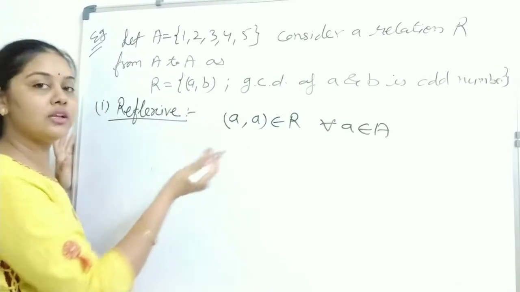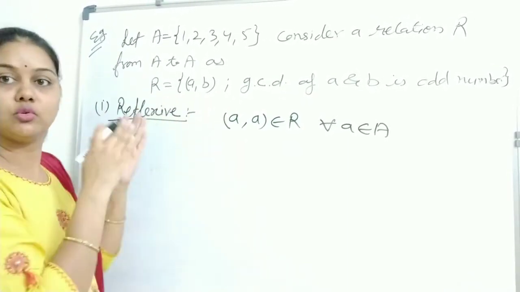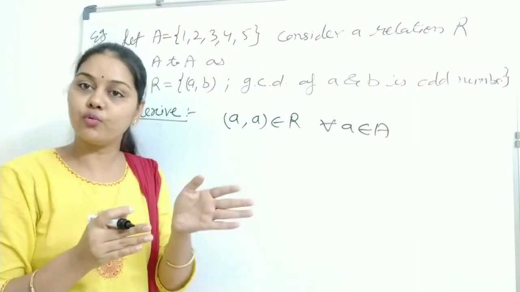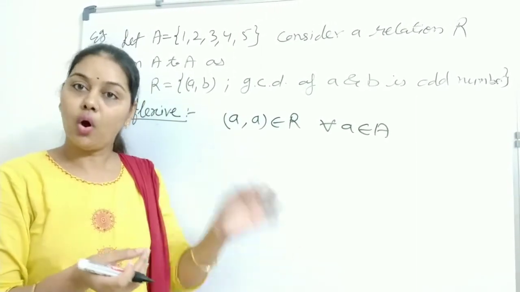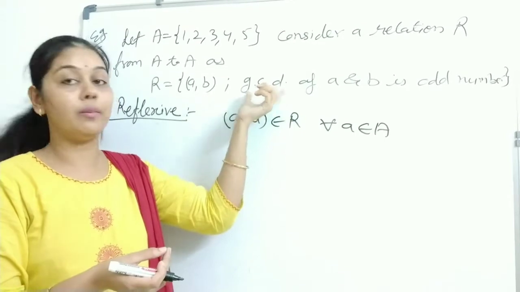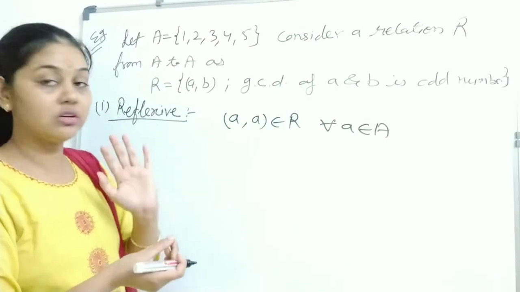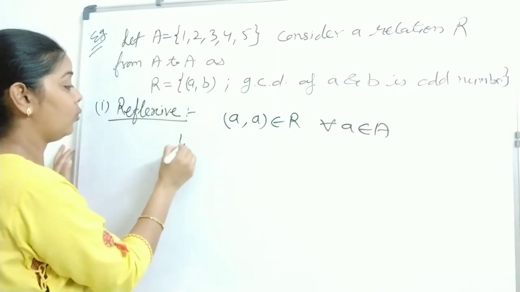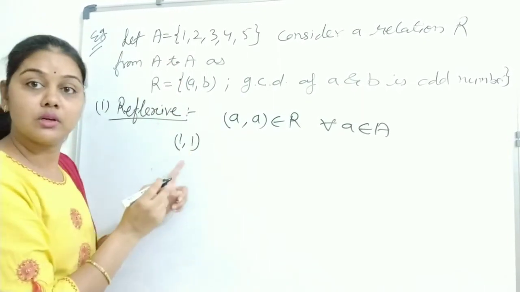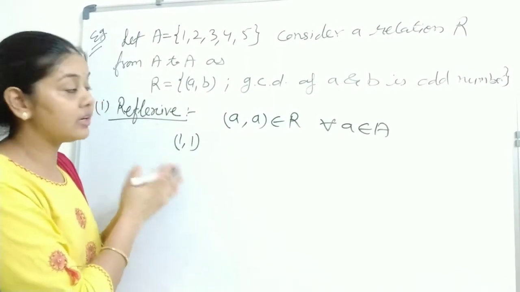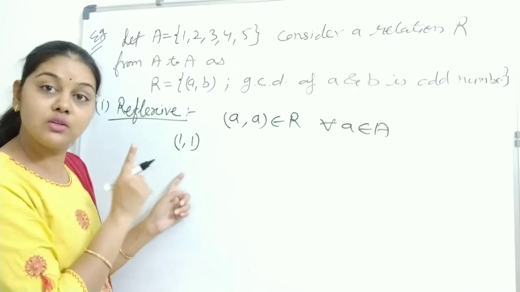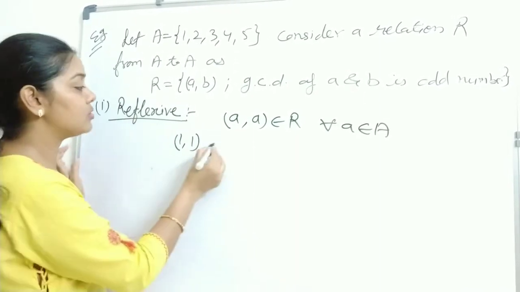If I take the pairs (1, 1), (2, 2), (3, 3), (4, 4) and (5, 5), is the greatest common divisor of each an odd number or not? With 1 and 1, the greatest common divisor is 1, which is odd, so it belongs to R.